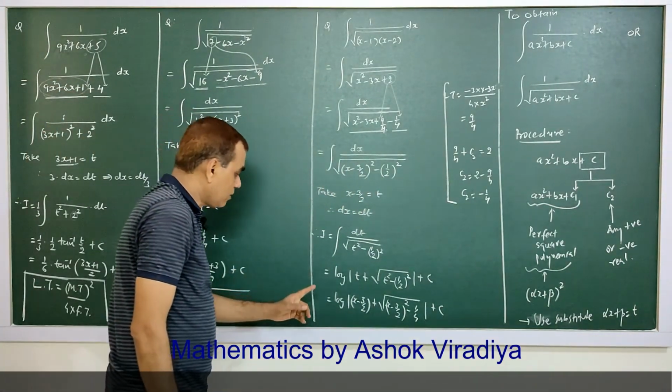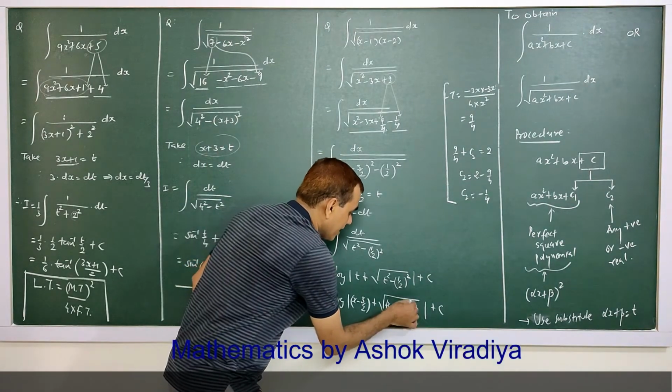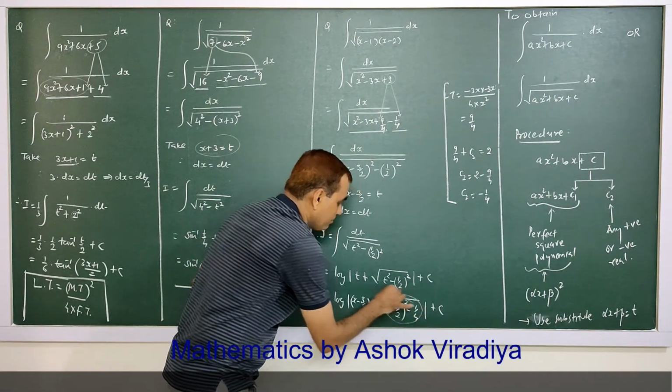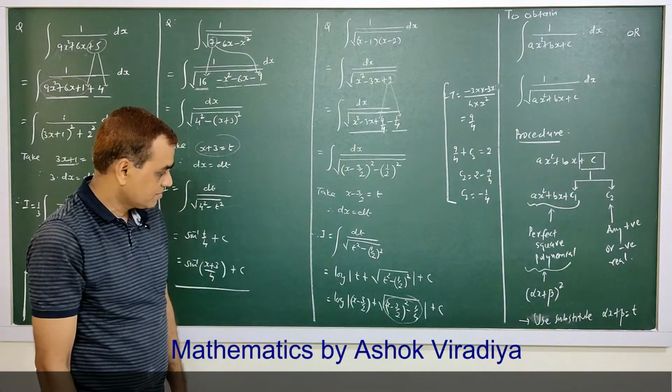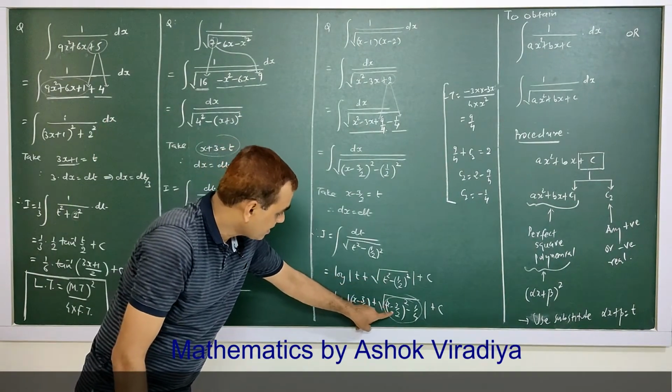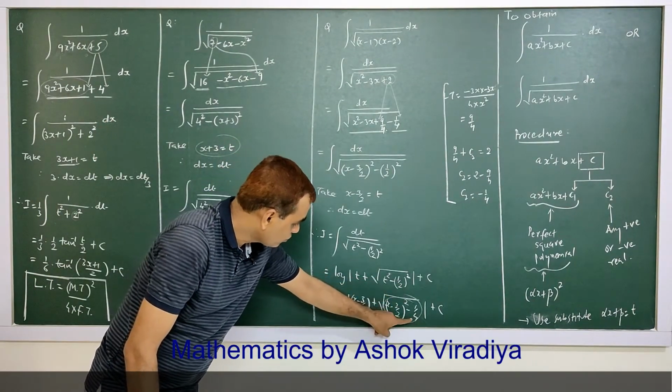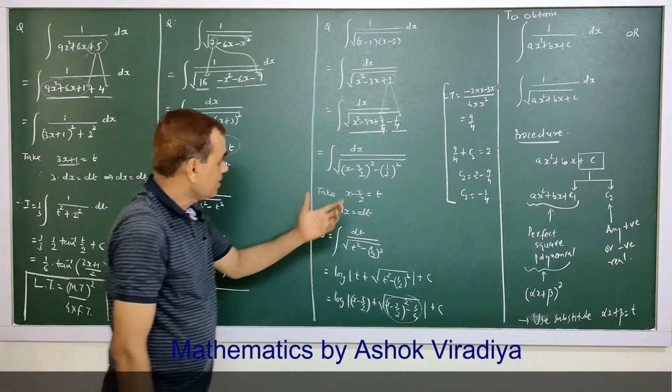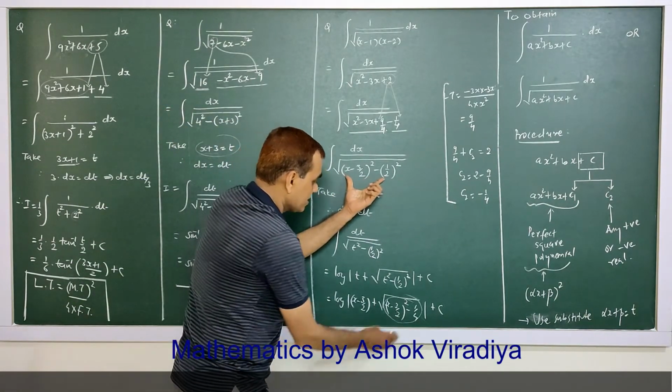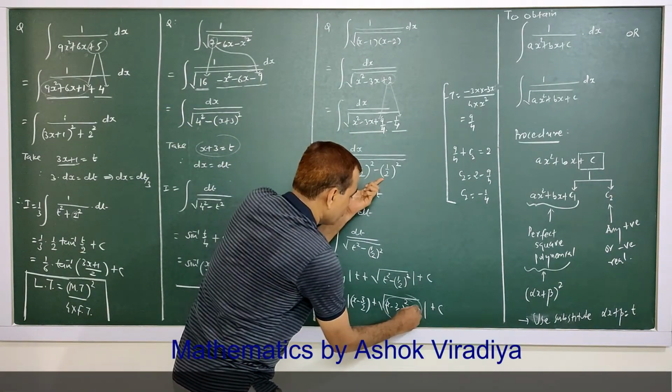And now we are putting its original form. T is x minus 3 by 2. 1 by 2 square is 1 by 4. Now see, its original value is, I keep here 1 by 2 whole square.